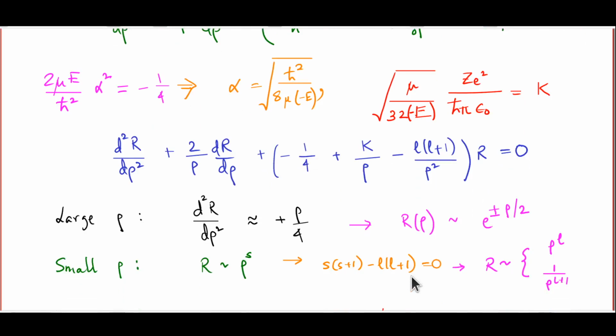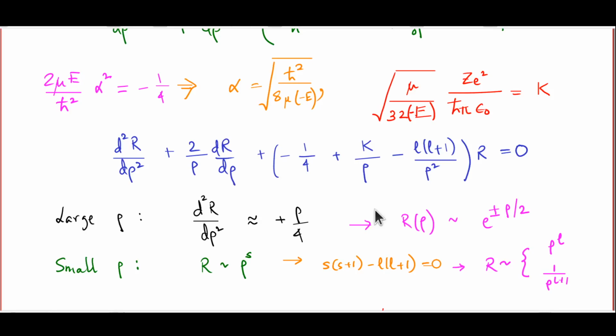And the equation becomes d2R d rho 2, which is almost equal to R by 4. That's the minus 1/4 here. And that is a very, very straightforward standard equation to solve, and we know its solution. The solution is e to the plus minus rho by 2. So the behavior of a solution to this equation when rho is very large has to be either e to the plus rho by 2 or e to the minus rho by 2.